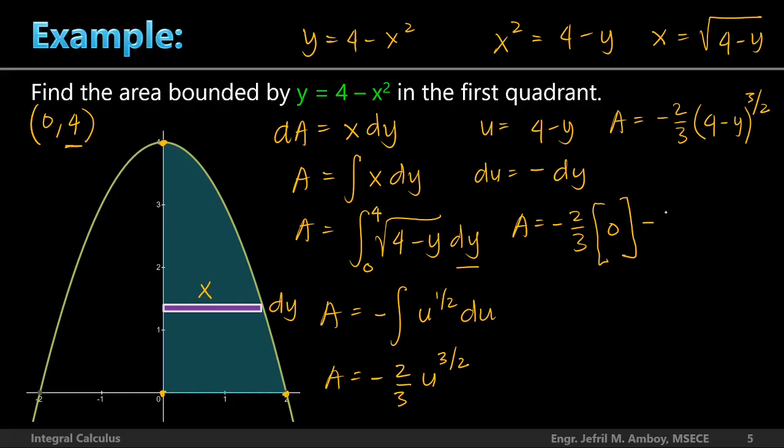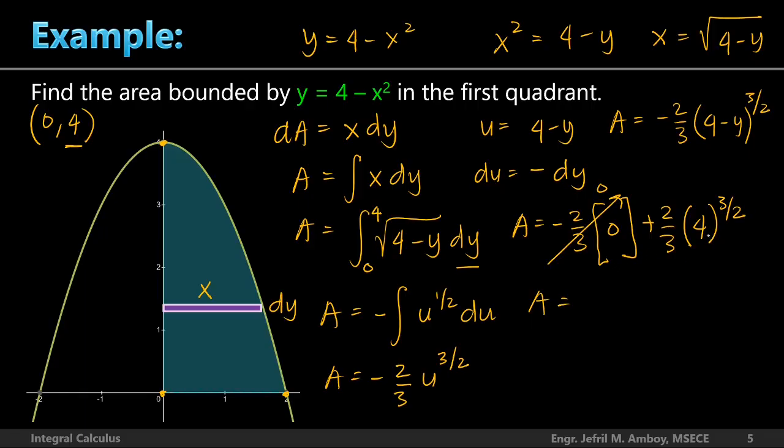Minus the upper limit, which is, okay, negative of negative will be positive. So, positive 2/3. And then, 4 minus 0. So, that's 4 raised to 3 halves. So, this term will vanish. It will be 0. And the area we will get is 2/3 of 4 raised to 3 halves.